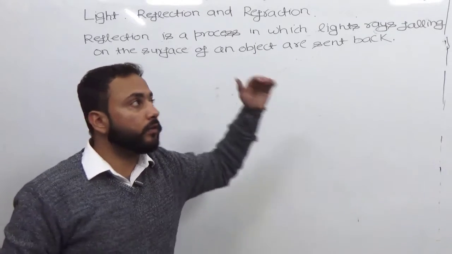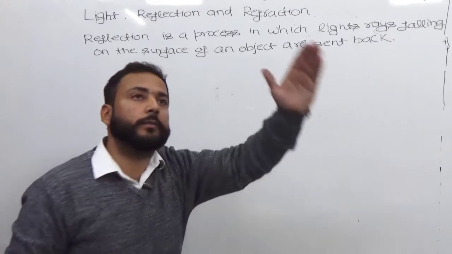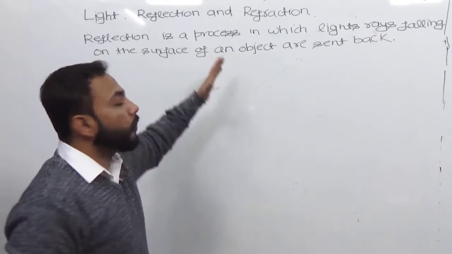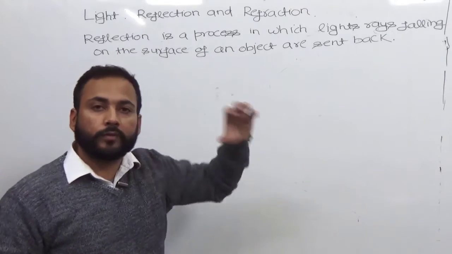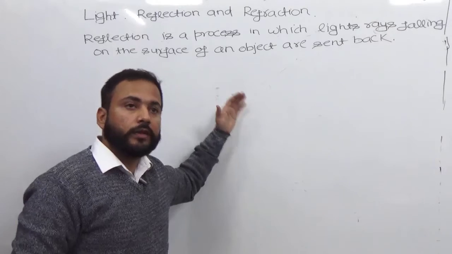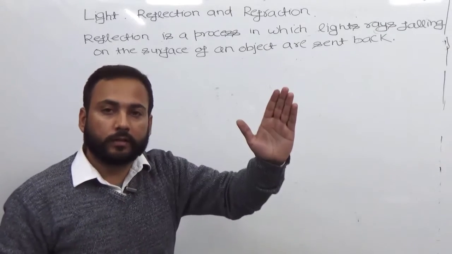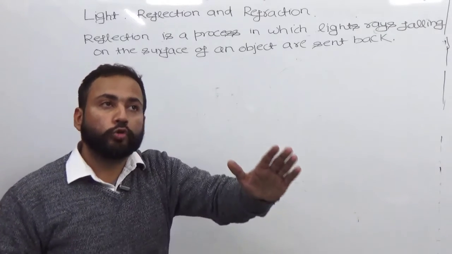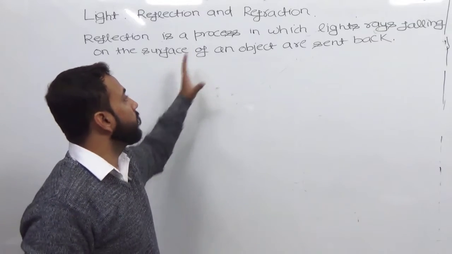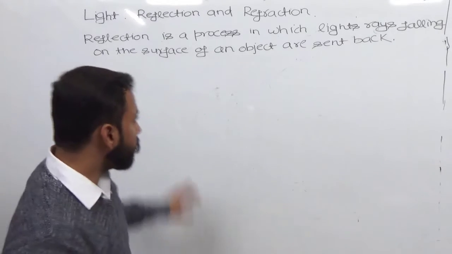The coming of light rays striking the surface and then being sent back to the same medium is called reflection.